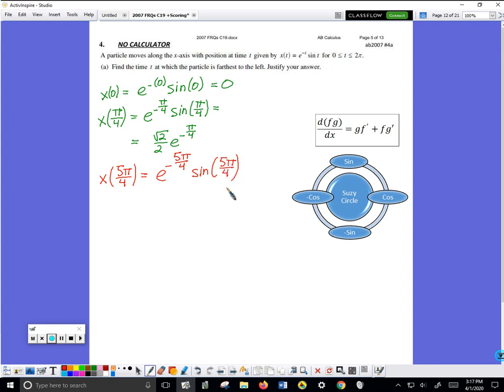Okay, 5 pi over 4, here's 1/4, 2/4, 3, 4, 5. So there's the angle 5 pi over 4. From the center, to get to this spot, I would have to go down. So angles that involve a fourth are always root 2 over 2, because I went down, negative root 2 over 2.